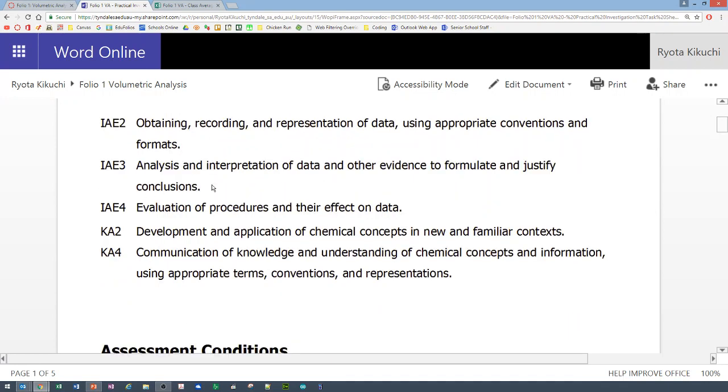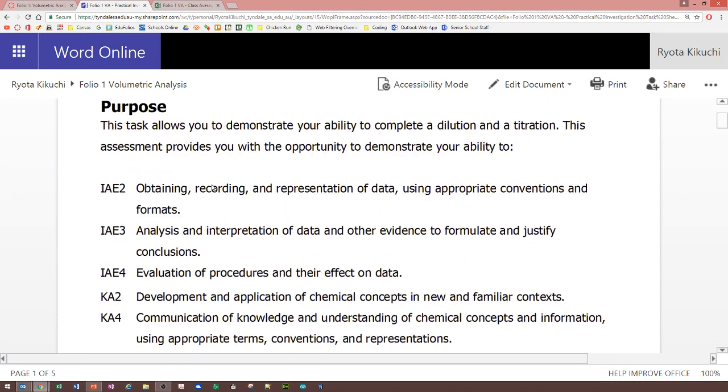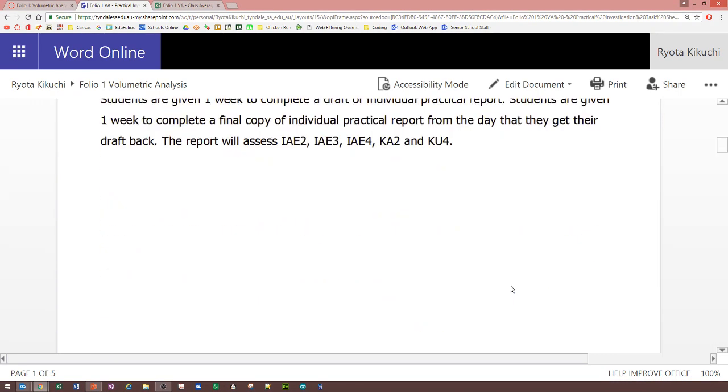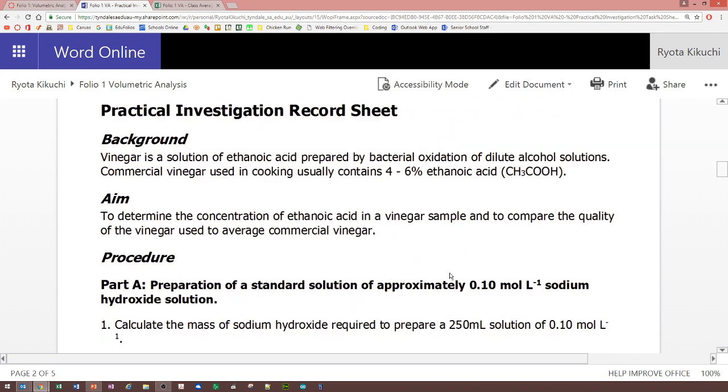IA3, analysis and interpretation of data and other evidence to formulate and justify conclusions. What was your aim again? Yeah, to determine the concentration of ethanoic acid in the vinegar sample and to compare the quality of the vinegar used to the average that's usually given, so 4 to 6%.